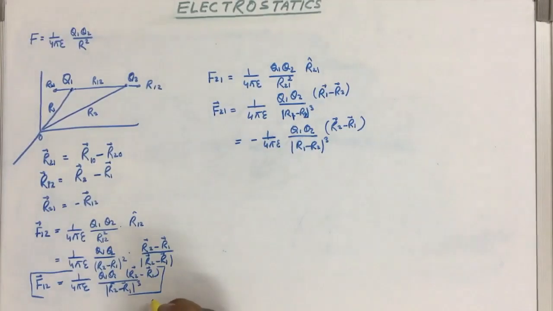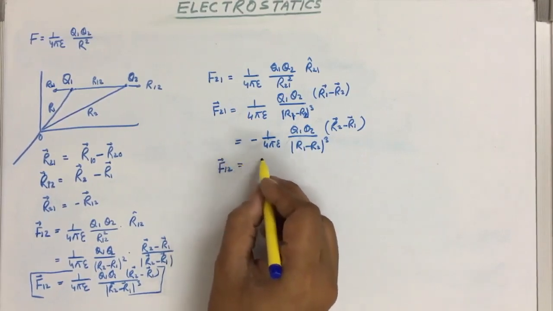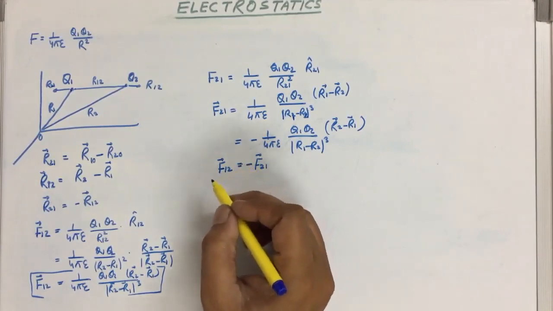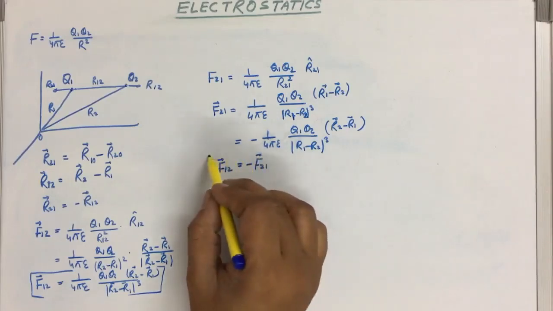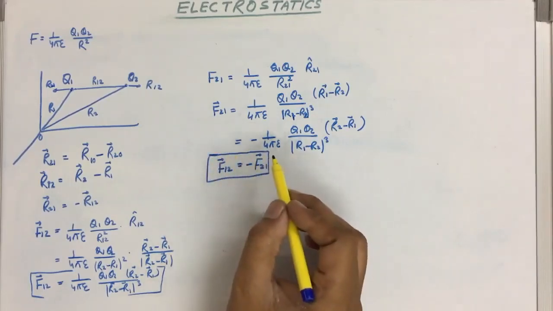Relating this with the previous one, we can find that F12 and F21 are of opposite nature. So what is this? This is Newton's third law.